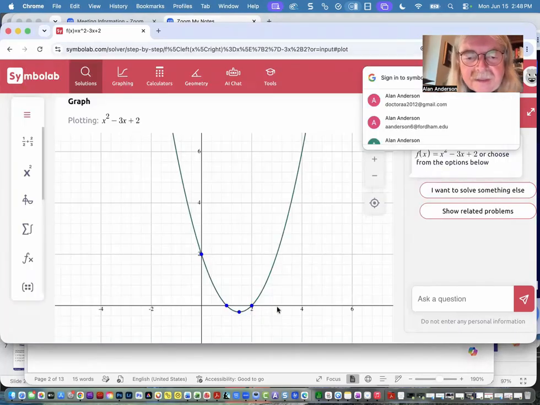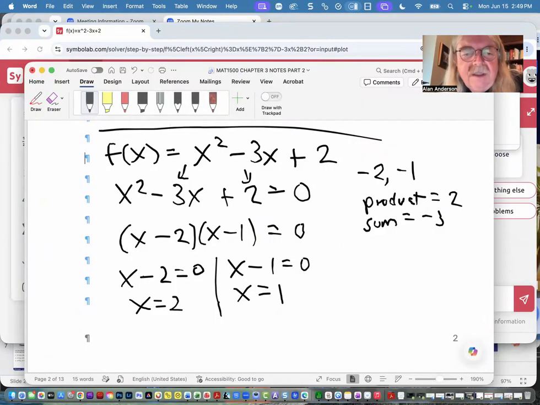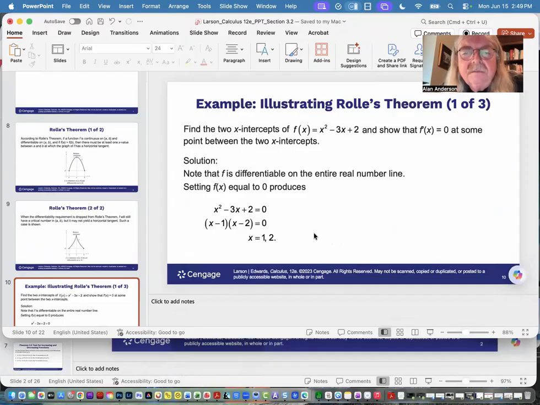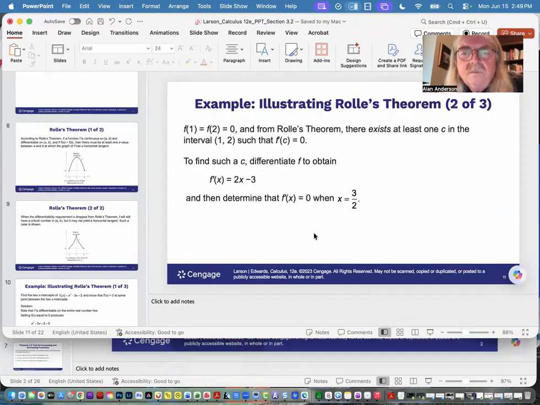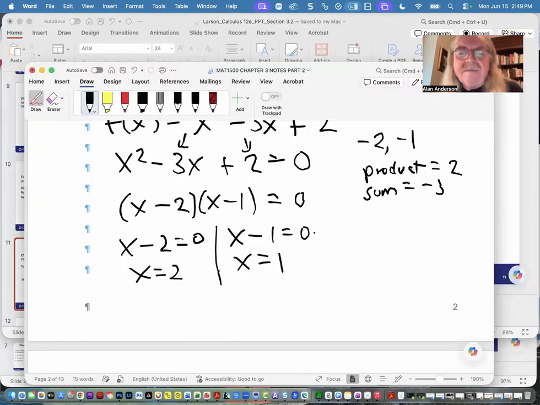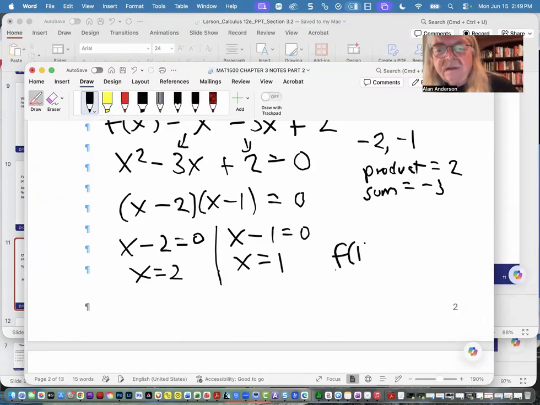And in fact, we can go back and confirm that. You can see the points (2, 0) and (1, 0) are on this curve. So now, what would they like us to do? So Rolle's theorem, okay, I see what they're doing now. Because the two endpoints are the same, at least they have the same values of y, that's what they were after.